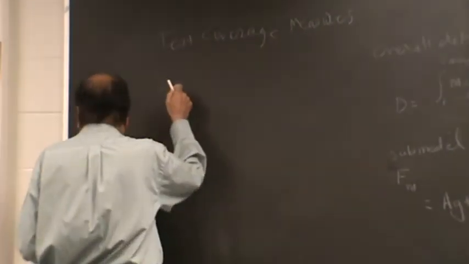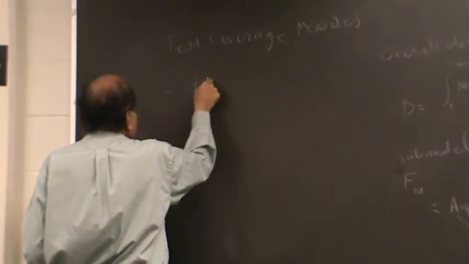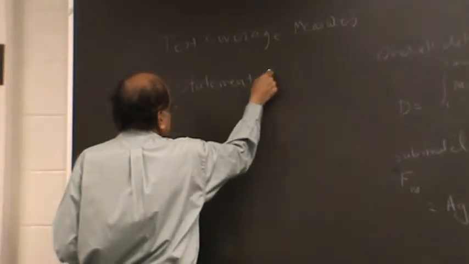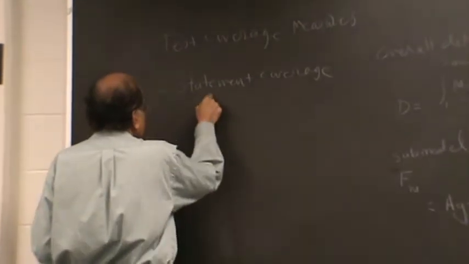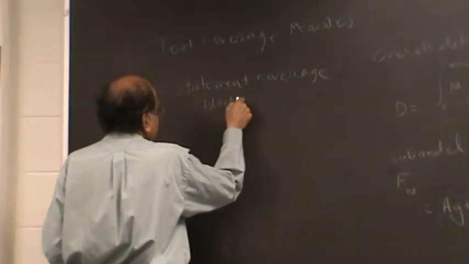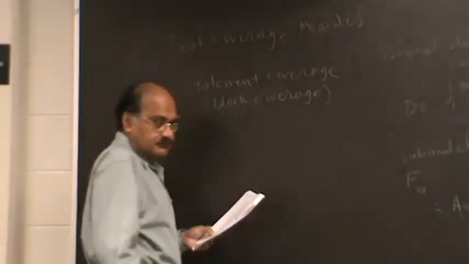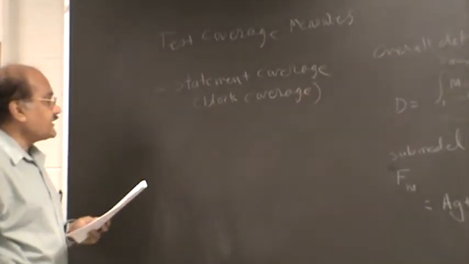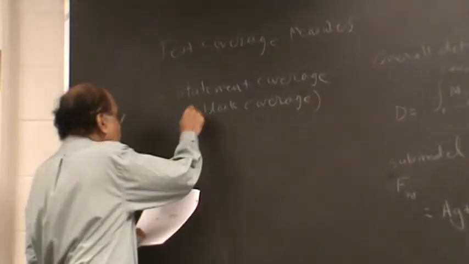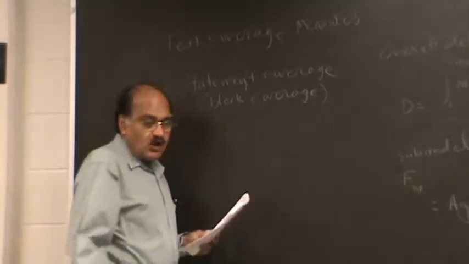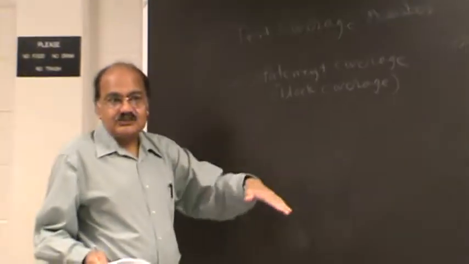Sometimes they will count the statement coverage, or sometimes they will count block coverage, which is sort of similar. So what fraction of the statements have been covered, or what fraction of the blocks have been covered? Basically, by block we mean a block of statements within which there is no branching.